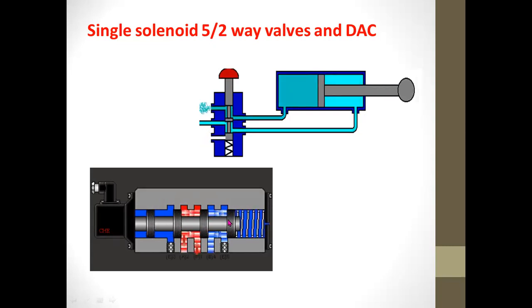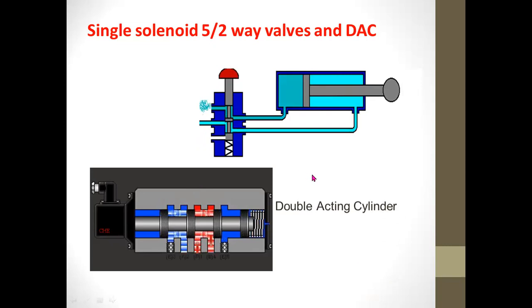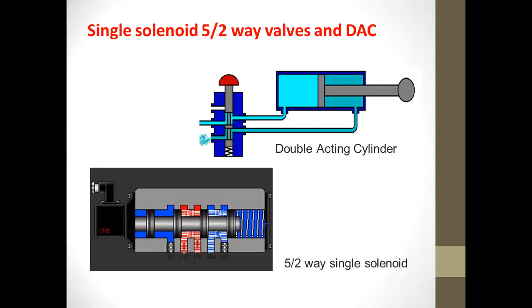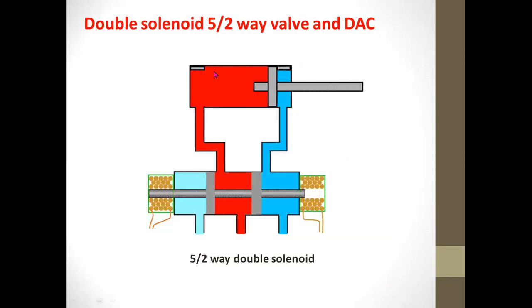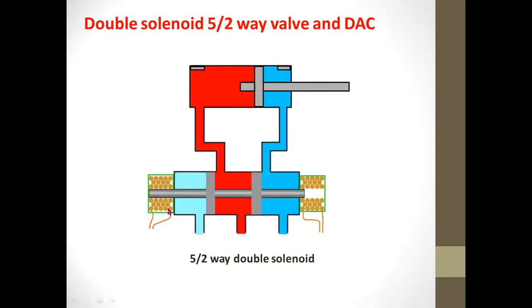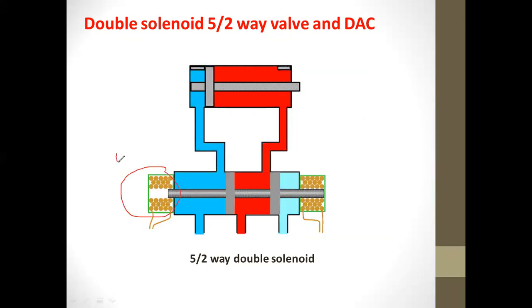Okay, so the next type of solenoid valve or 5-2-way is the double coil. As you can see, we now have two coils. We have coil 1, and of course the second coil, coil 2.